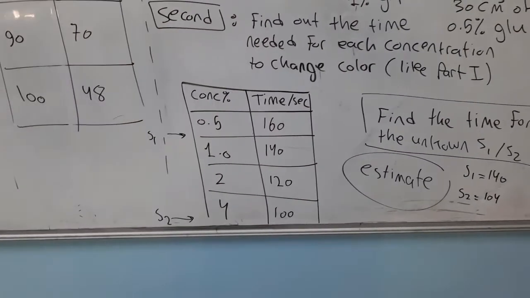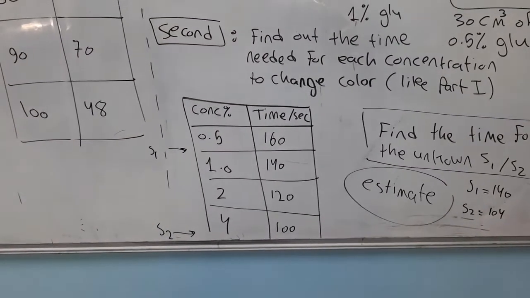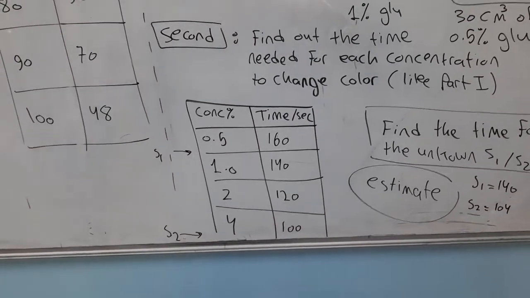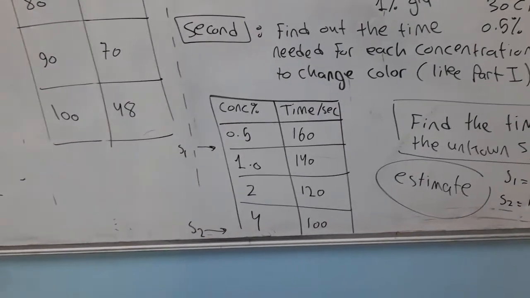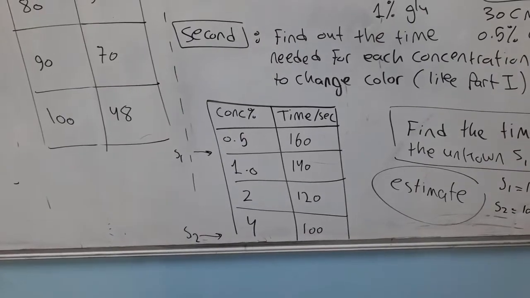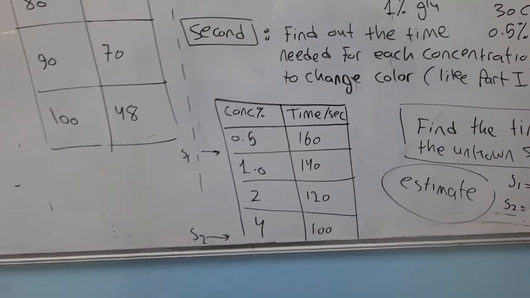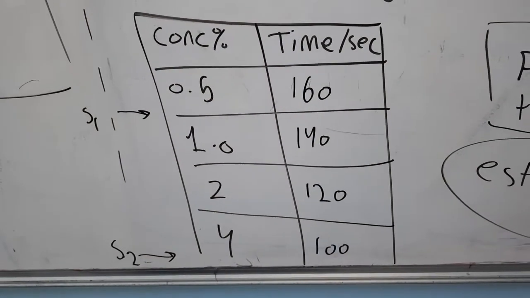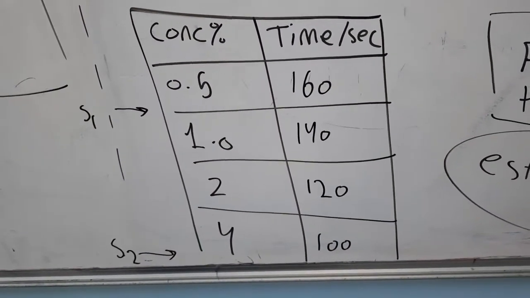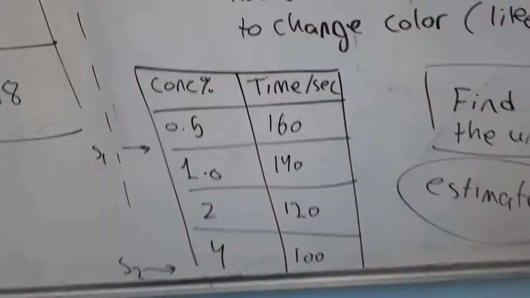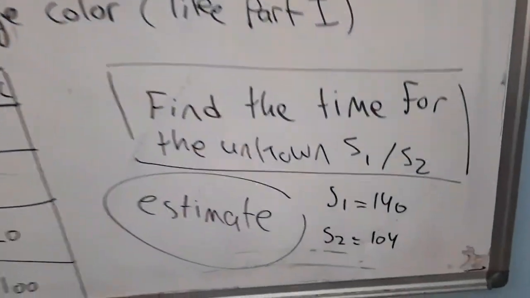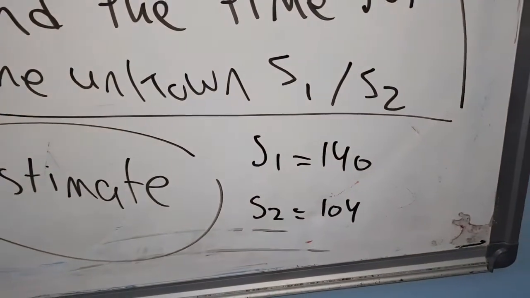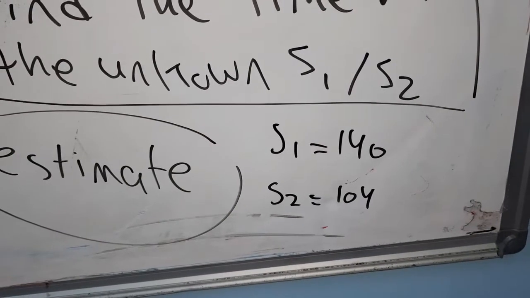Those results were taken by one of the students at temperature 80. He decided to take 80 because it was easy to obtain. At 0.5, 160; 142; 120; at 4%, 100 seconds. For S1 and S2, S1 took 140 seconds, S2 took 104.